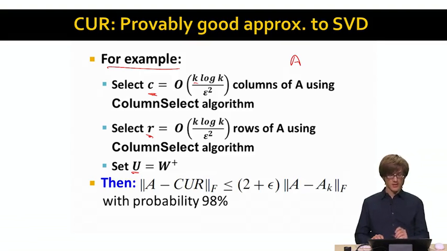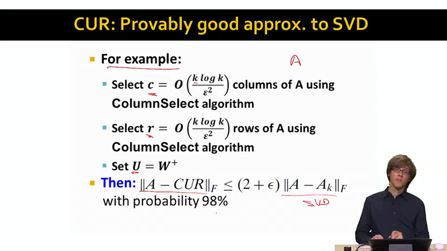Then it turns out that the reconstruction error of CUR is less than 2 plus epsilon times the reconstruction error of SVD, with probability 98%. So basically the theorem I had before, now I simplified it, putting in some numbers.